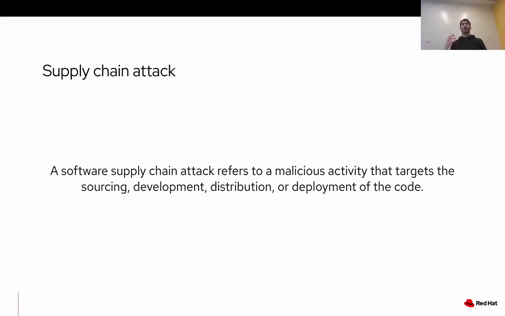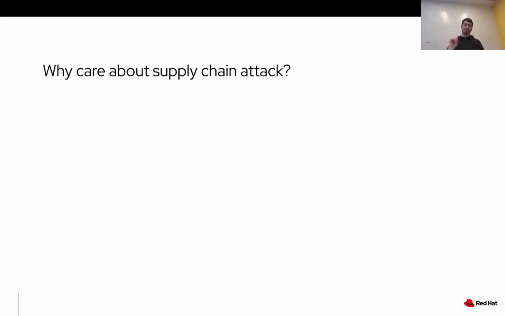So the idea is basically not to attack the target itself, but to attack the long tail of operations that lead to the current state of the target. Because a lot of times, those are weaker links than the target state. So why should we care about supply chain attacks as IT people?